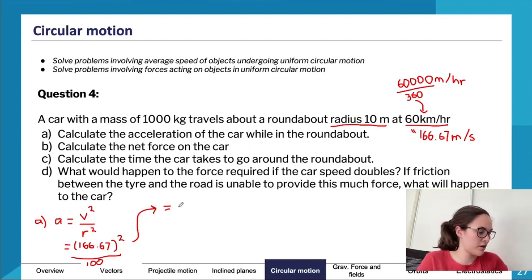That's going to be 277.79 meters per second squared.